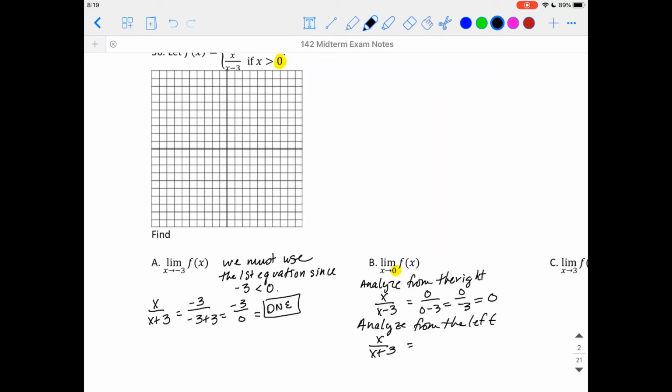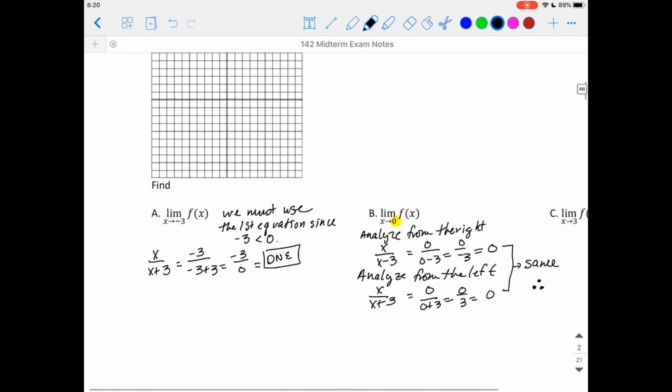And I'm going to get 0 over 0 plus 3, which is 0 over 3, which is 0. So these two are the same. And my three little dots here mean therefore. So therefore, the limit of the function as x approaches 0 is going to be 0.